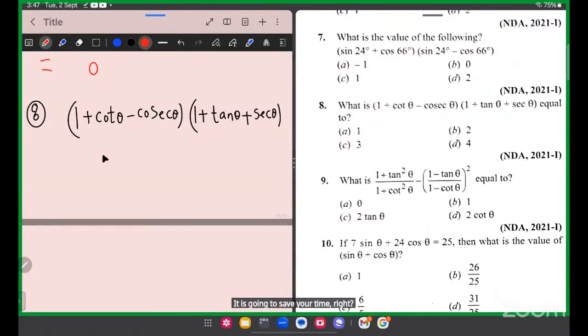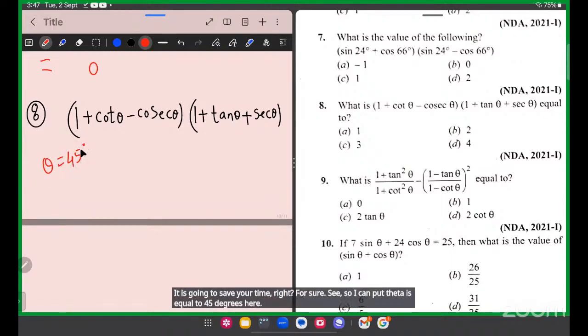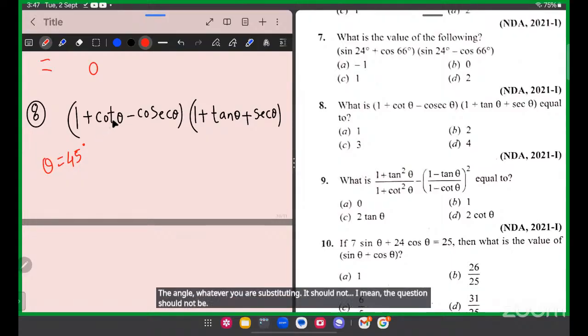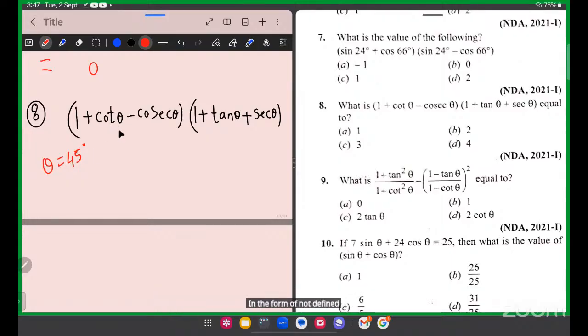For sure. See, so I can put theta is equal to 45 degrees here. But one thing you need to remember, you have to make sure the angle you are substituting does not make the question not defined. Like if I put theta is equal to 0 here, cot 0 is not defined.